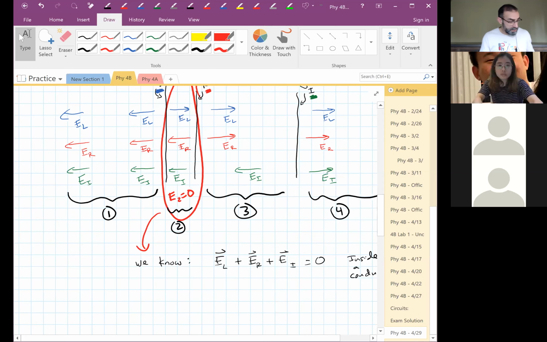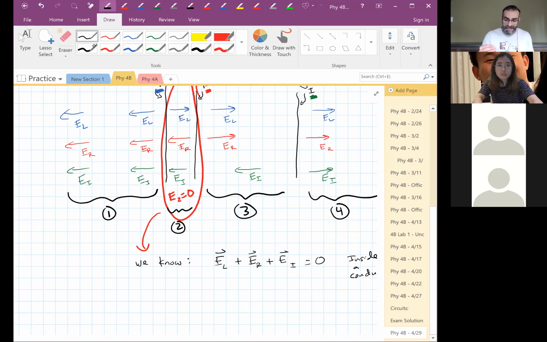What else do we know? We also know that the net charge on that conductive sheet can't change during the problem because nothing touches the sheet. There's no place for it to get extra charge or for it to lose charge.